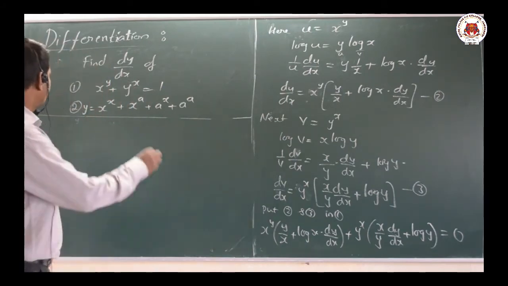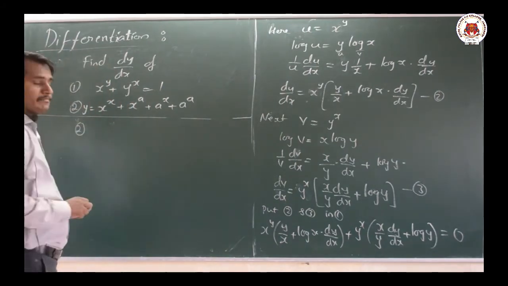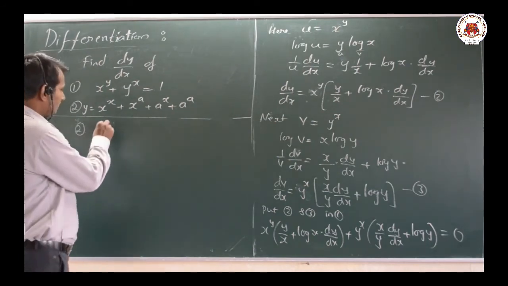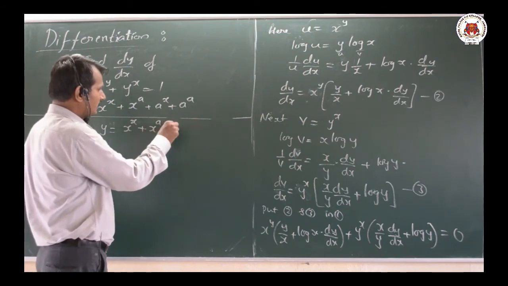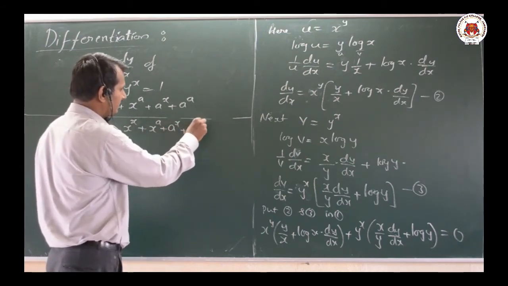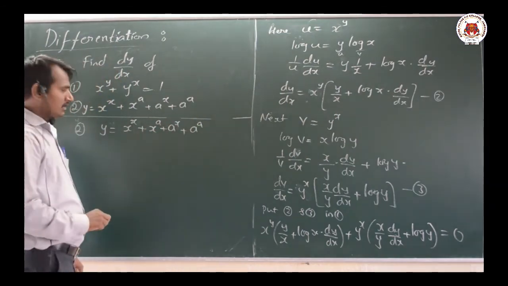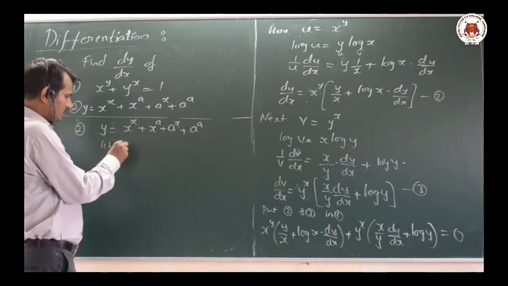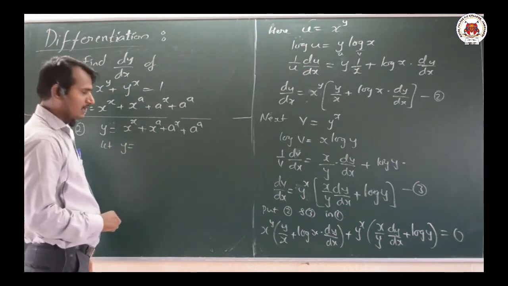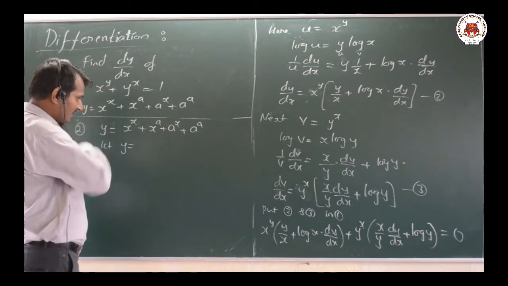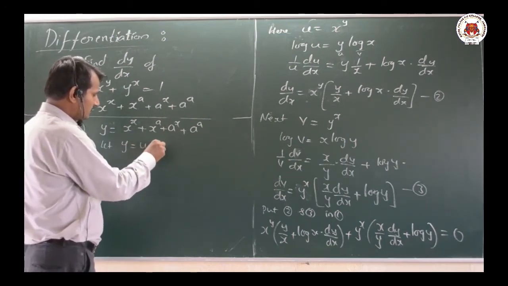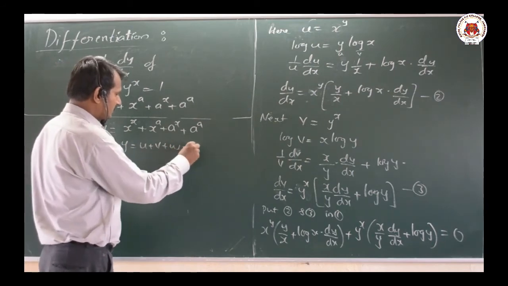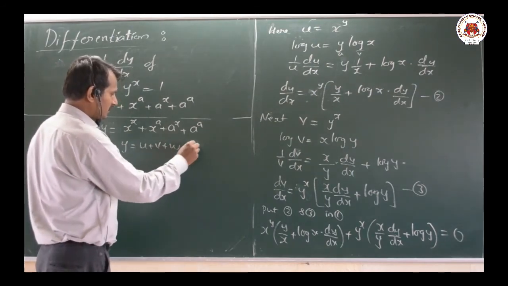Okay, the second one, we have here y is equal to x to the power of x plus x to the power of a plus a to the power of x plus a to the power of a. Let y is equal to u plus v plus w plus z.